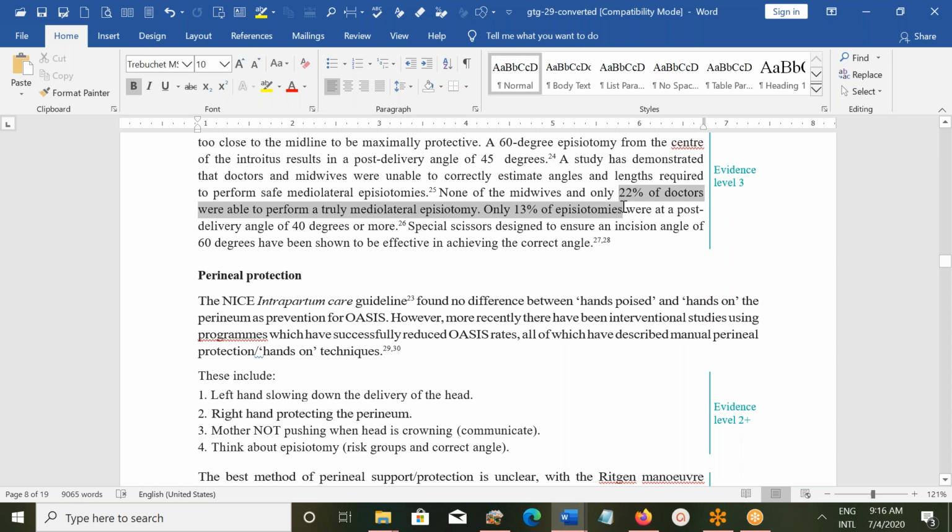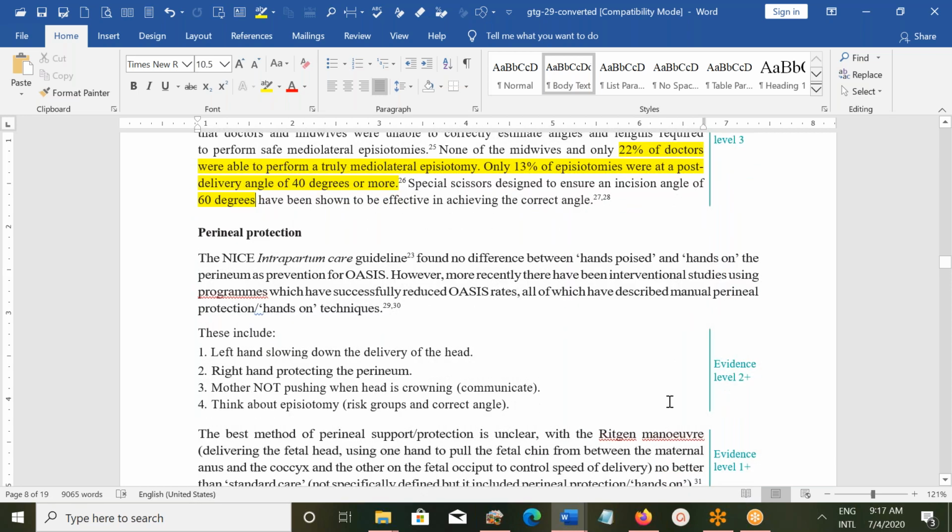Only 13% of the episiotomies were at a post-delivery angle of 40 degrees. The problem is that doctors don't know what the angle at incision should be. So the angle has to be 60 degrees from the midline in a distended perineum, not in a relaxed perineum. Okay, because in a relaxed perineum, it will be far away from the sphincter and it will be somewhere in the middle, at the 9 o'clock position in the vagina.